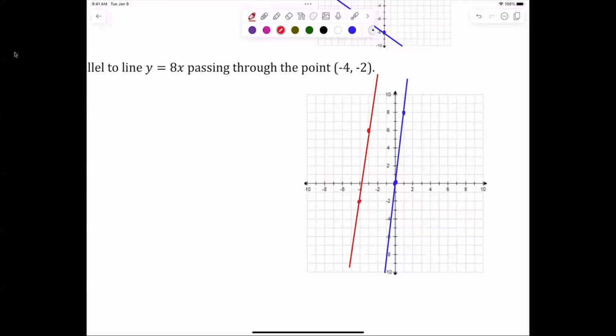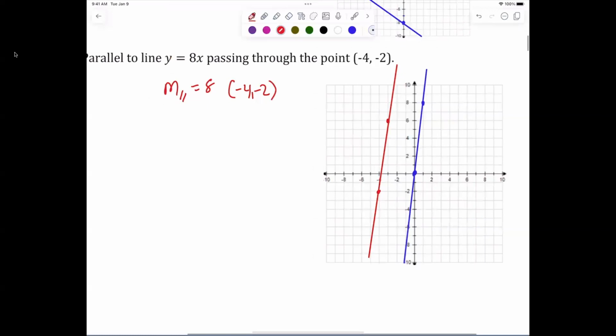All right. So once again, slope of the parallel line is 8, passing through the point -4, -2. All right, Luke, what's the equation of the line? Y plus 2, just say y what?